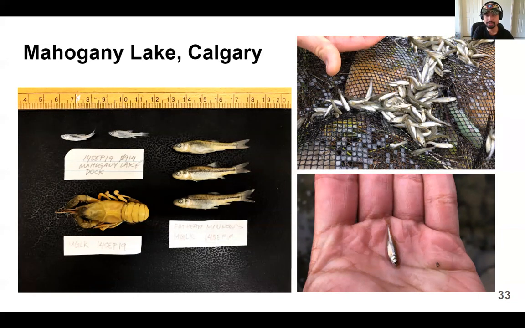As previously mentioned, Prussian carp are able to reproduce through gynogenesis, in which they parasitize the sperm of other cyprinid species. So all it took was one female to be introduced in Mahogany Lake to parasitize the sperm of the fathead minnows that are already present there in order to produce an entire population of Prussian carp. No sexual reproduction required.